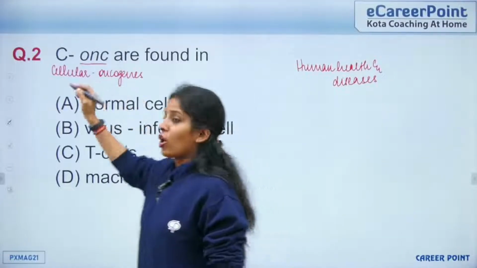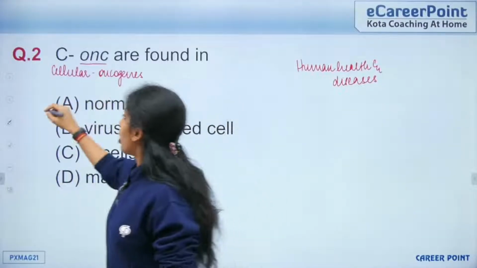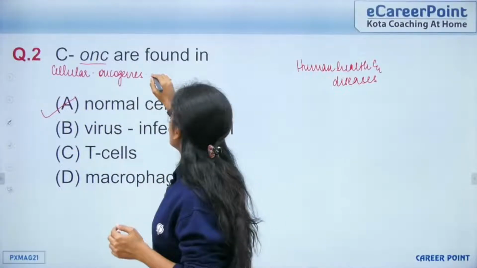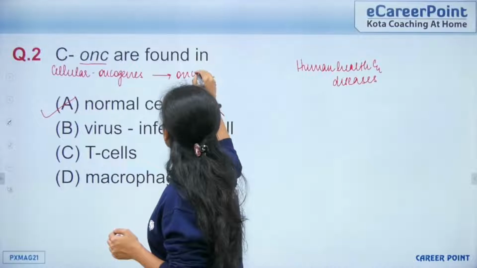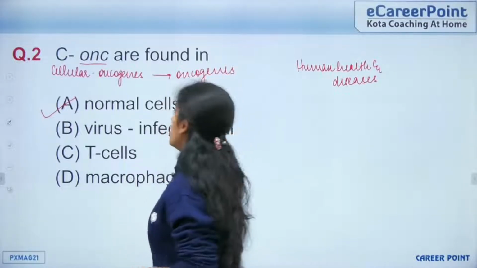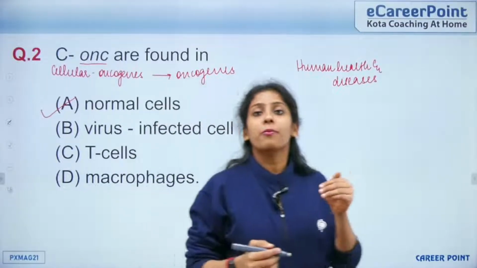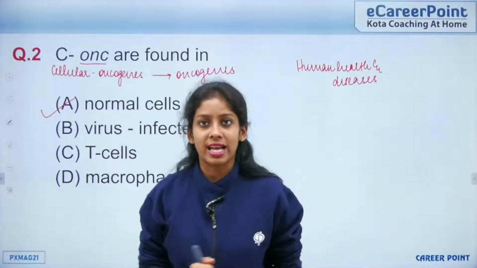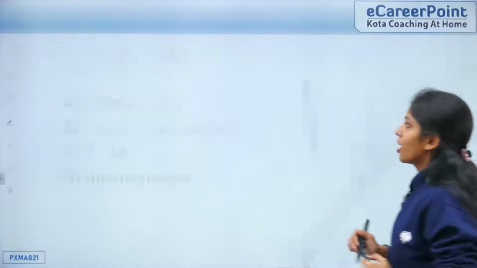Cellular oncogenes are part of the normal cells which under certain circumstances become oncogenes, that is, they become cancerous. So cellular oncogenes are proto-oncogenes. They are in a stage before getting activated into cancer genes. Alright, so question 2 is done.